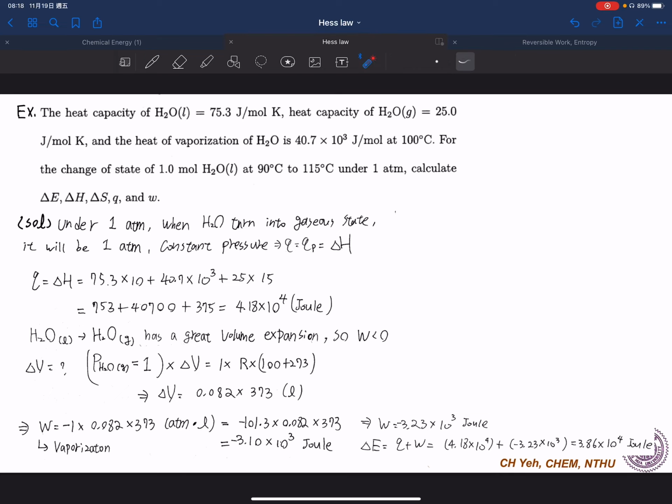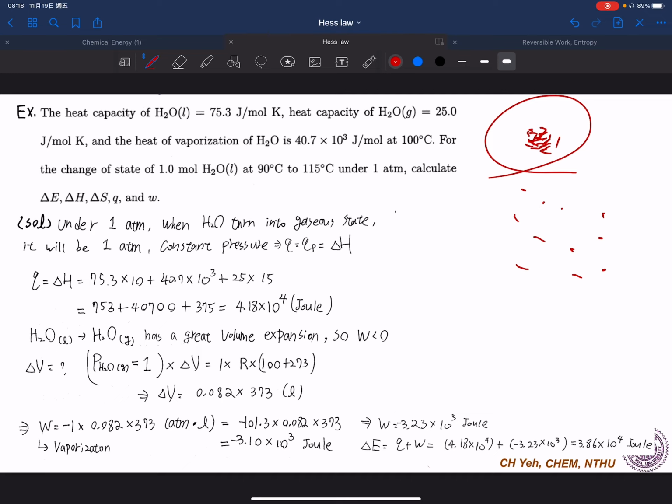But in this case, the liquid water should have a larger heat capacity because the molecules are nearer to each other than in the gaseous state. It's reasonable. Maybe this is like water, and this is gas.